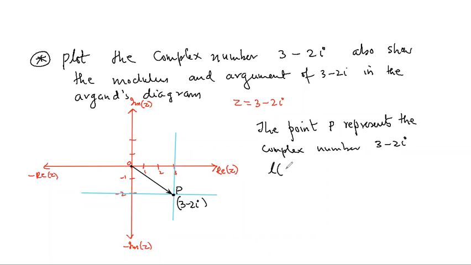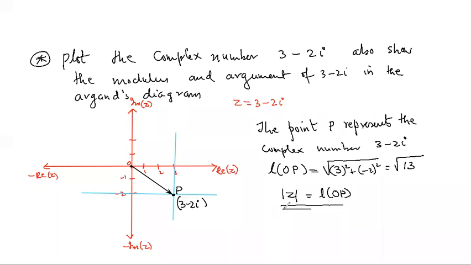Length OP is equal to root of 3 square plus (minus 2) square. That is root of 9 plus 4, which is root 13. So modulus of Z is nothing but length OP. Is that clear?